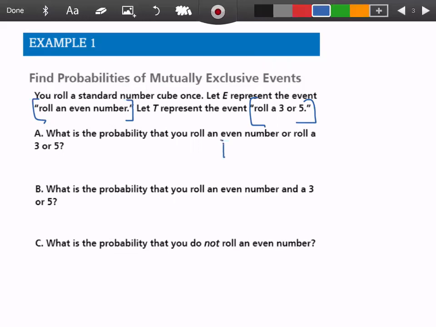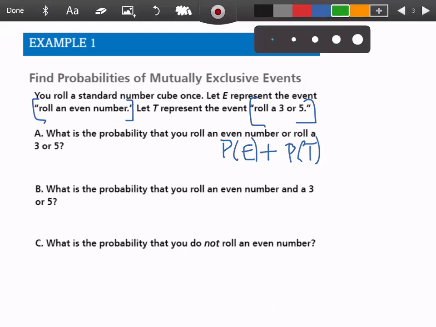So let's write this out as probabilities. The probability that you roll an even number, we're going to say P of E, the probability that event E is going to happen. And if we rewind back to the very beginning, or means that we're going to add these two probabilities, plus the probability of T occurring. First we need to figure out the probabilities. A standard number die has 3 even numbers on it: 2, 4, and 6.